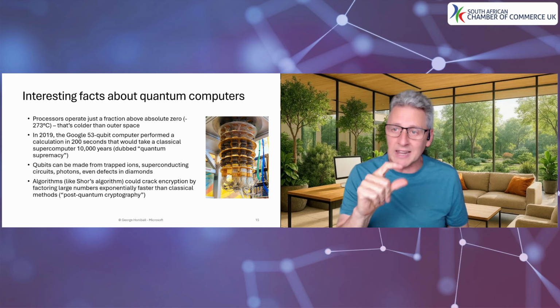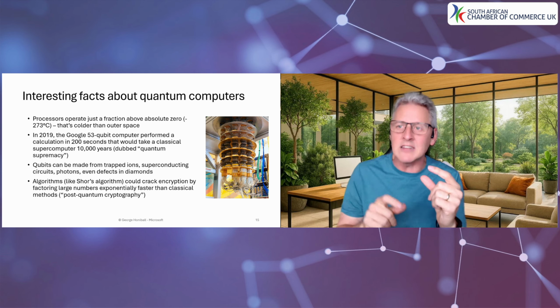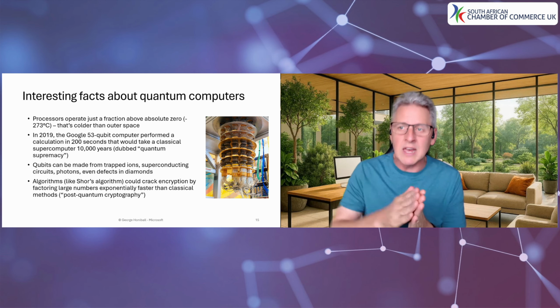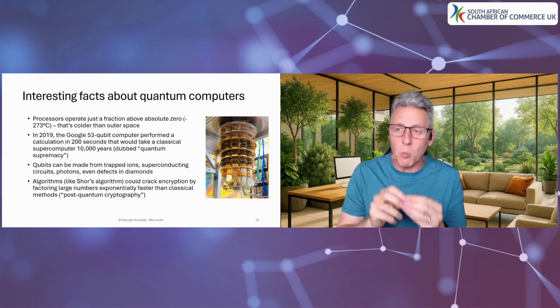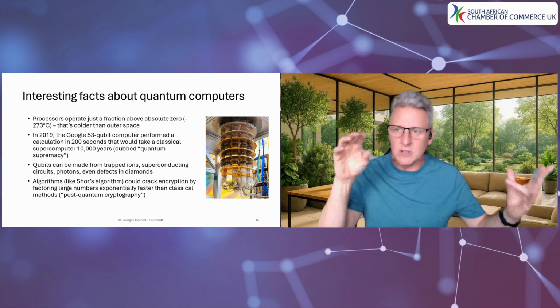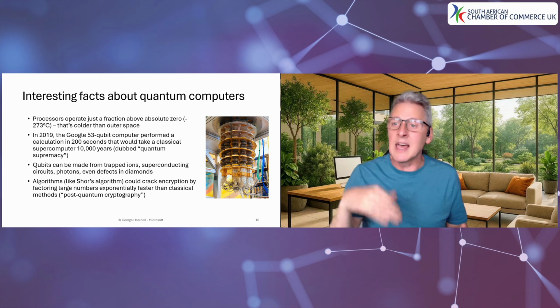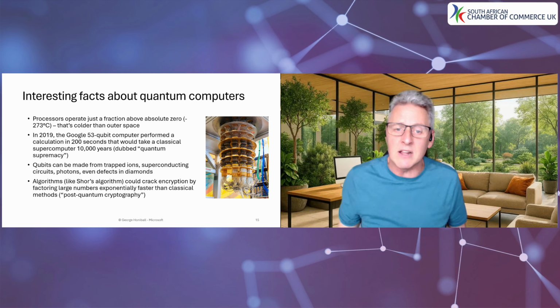And if you've ever used little external hard drives, remember we had 1 gig and then 2 and then 4 and then 8. Quantum computers, it is exponential. You can literally go from 1 to 8 to 100 to 1,000 to 10,000 to 1,000,000 to 1,000,000,000. That is how quickly quantum computers can scale.